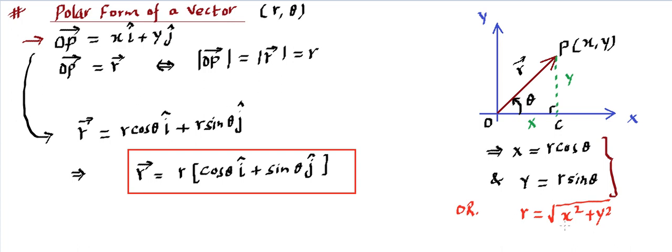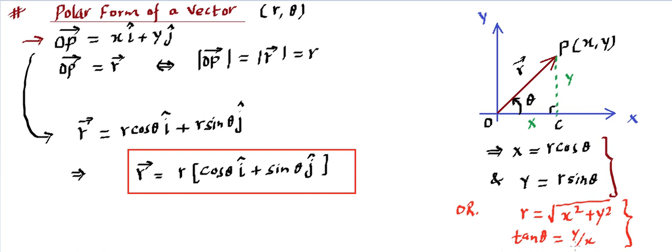Now this expression is trying to say that if we know X and Y, we can get R. Making sense? Now again use this right angle triangle OCP and apply tan theta. If we apply tan theta, you get perpendicular divided by base. The perpendicular is Y, the base is X. Now these two expressions are equally important.